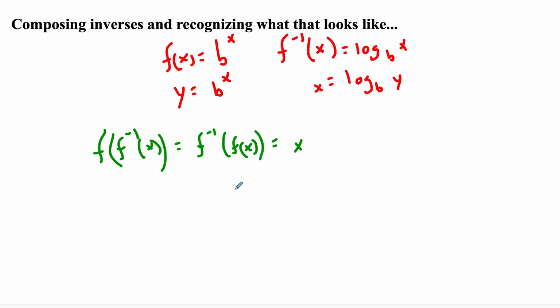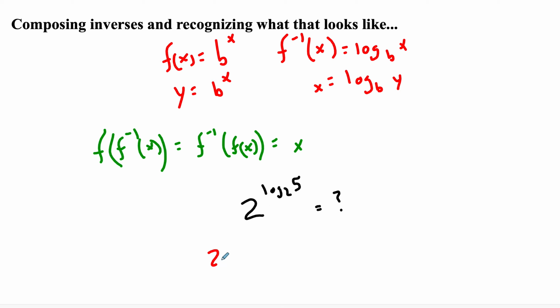Let's say we had an expression we want to simplify. Let's just make this really easy on ourselves. What if we had 2 to the log base 2 of 5? What does that equal? Looking at this, hopefully you see two functions being composed.